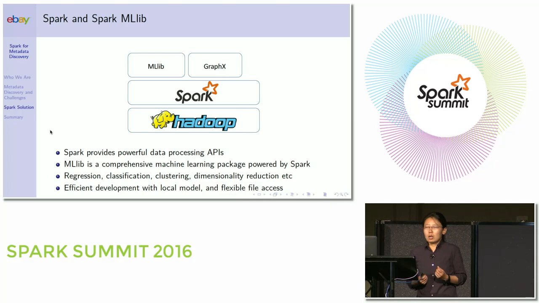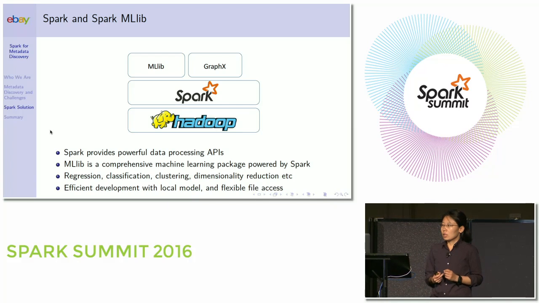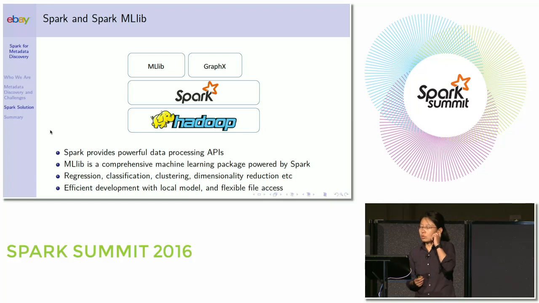So then we started thinking about Spark. We've been using Spark for data processing for a little while, and we found that it's very useful for data transformation, especially for tabular structured data.